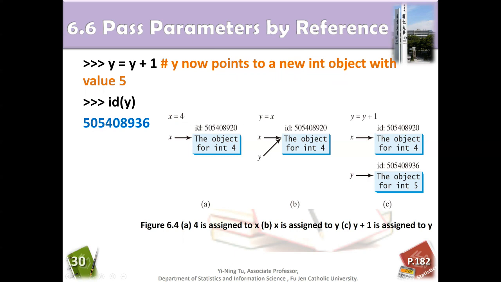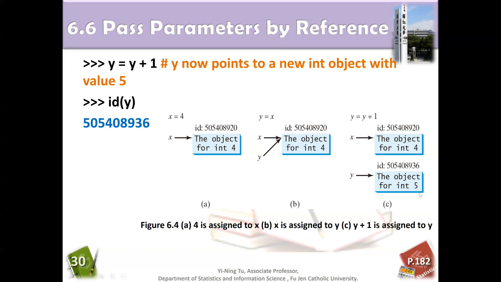Actually, x equal 4, so it's an object for int 4, and the address is id 414508920, right? This is the full address. And when we assign y equal x, it will remember the same address. But when we make y equal y plus 1, it means y equal 5, right?